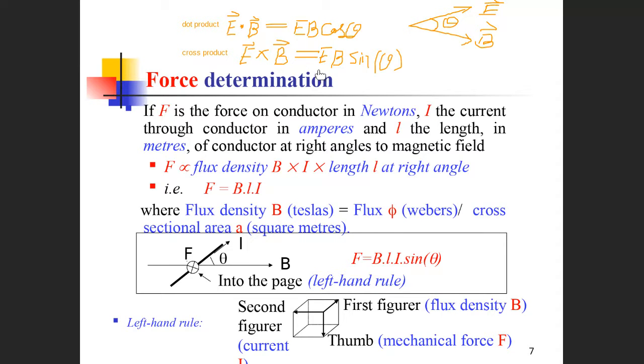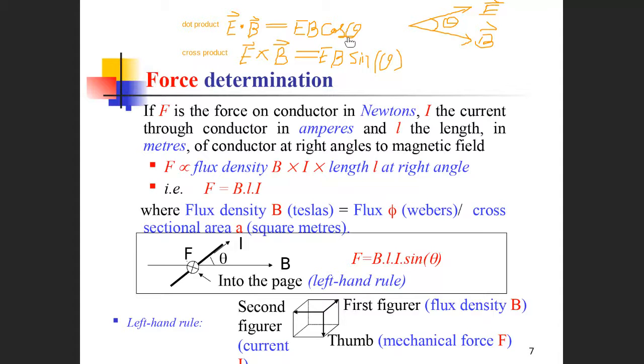Suppose we have two vectors which have magnitude and direction. We have two vectors, E and B, no matter what they are, and between them they have an angle. The dot product is E times B times cosine theta between them. What does it mean?